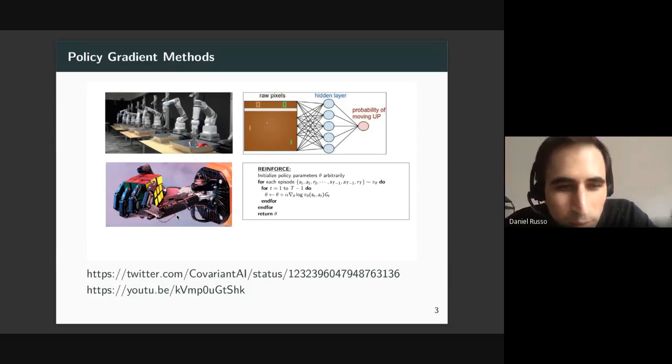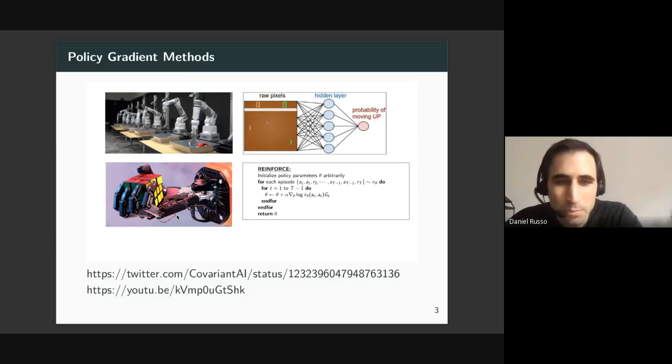Now, from a more intellectual perspective, there is something really promising in a deep way about the way policy gradient methods go about solving sequential decision-making tasks. One is that they directly try to optimize the function you care about.